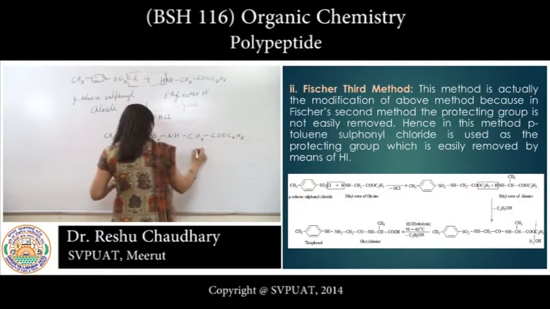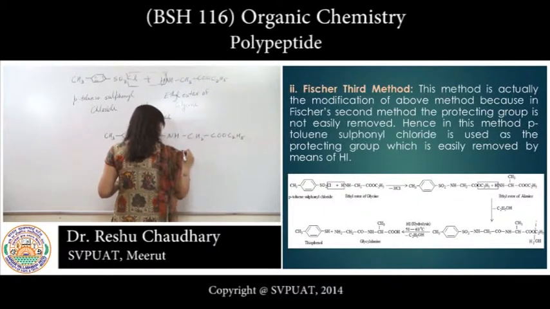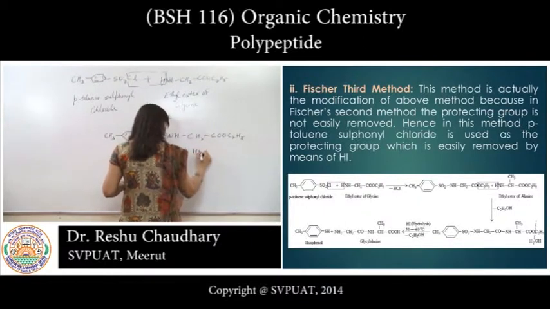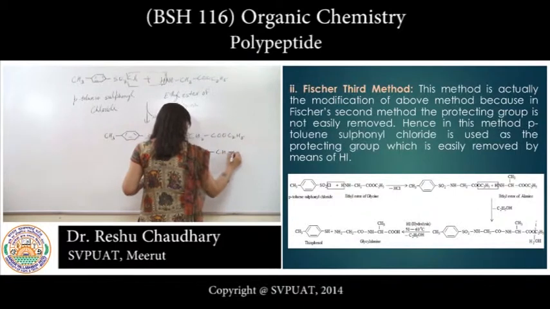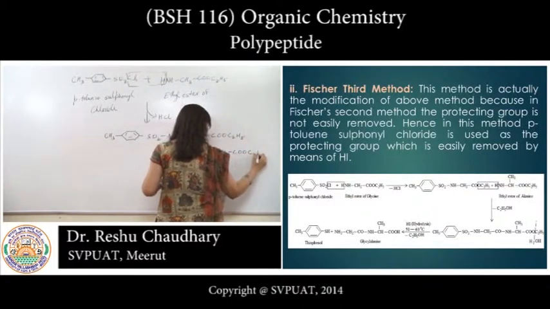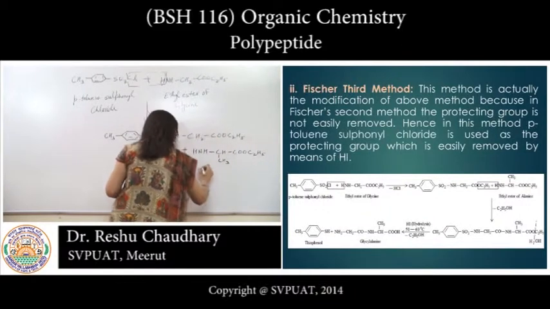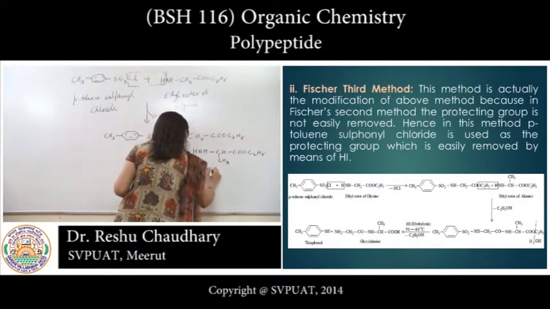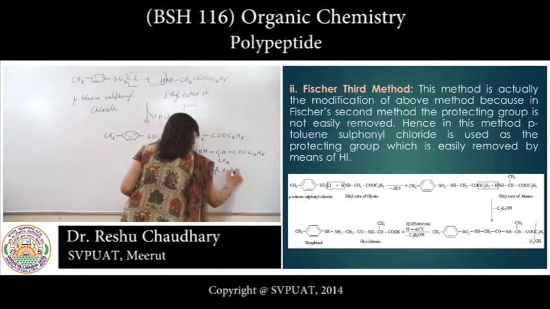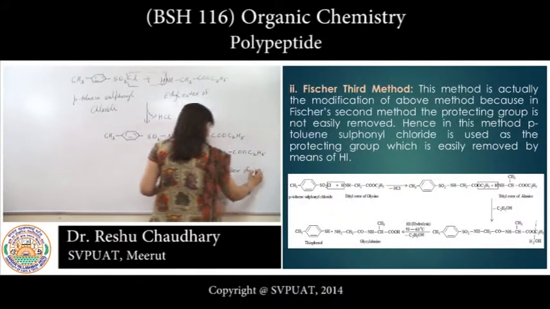When it reacts with another ethyl ester, H2N CH COO C2H5, and attached is one methyl group. This is the ethyl ester of alanine.